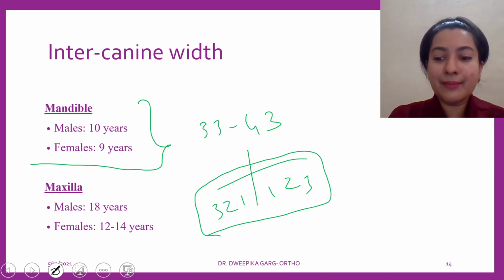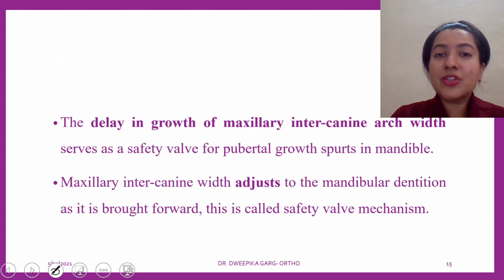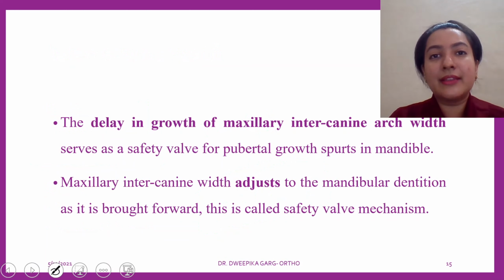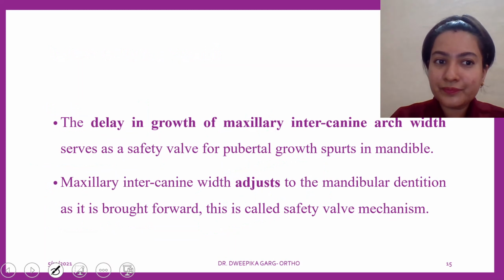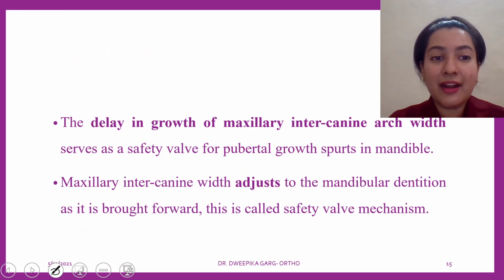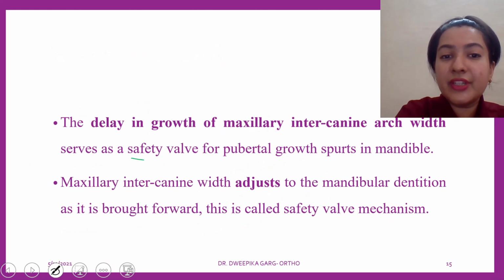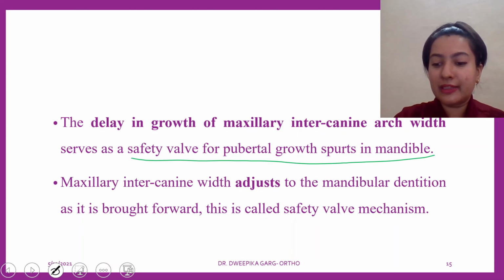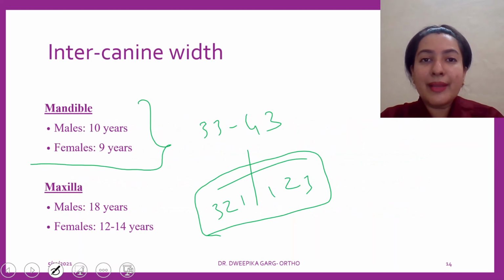So what does my maxilla do? There is a delay in the growth of maxillary intercanine arch width. This delay serves as a safety valve for the pubertal growth spurt in the mandible. My mandibular intercanine arch width is completed by the age of 9 to 10 years.